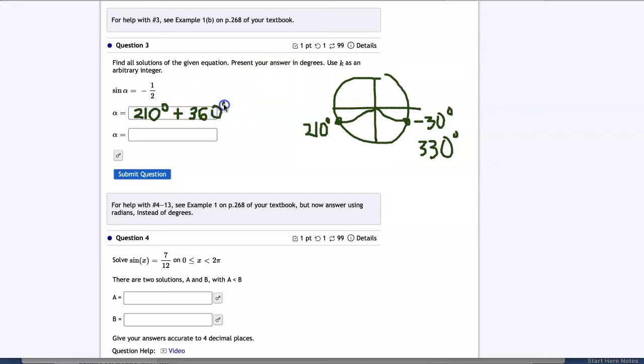That's saying that you're going to go around the unit circle k times, and k can be an arbitrary integer, so it could be a negative multiple of 360 or a positive multiple of 360. You just keep going around and around, and you'll see every single one of those solutions. It's an infinite number of solutions. And then for the other one, you can choose either -30 or positive 330. It doesn't matter. And then again, you have the plus 360k.